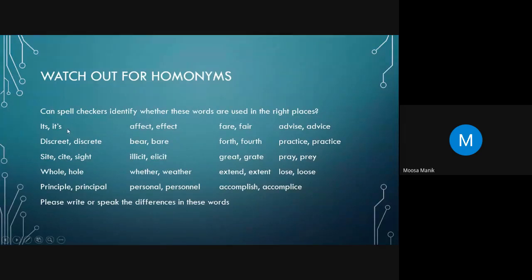What does it mean by this its without an apostrophe and it's with an apostrophe? Can you think of it? There are quite a few, and you can actually go through it even after the class. But for the sake of having a little bit of understanding on this, what's the difference between its without an apostrophe and it's with an apostrophe?